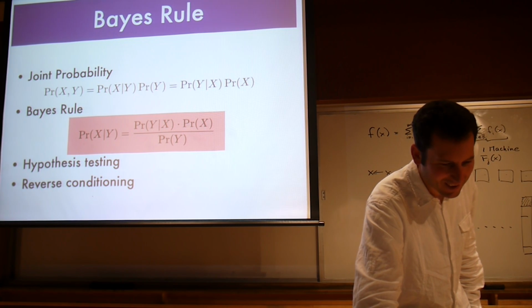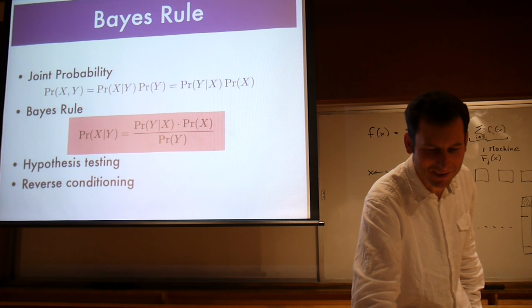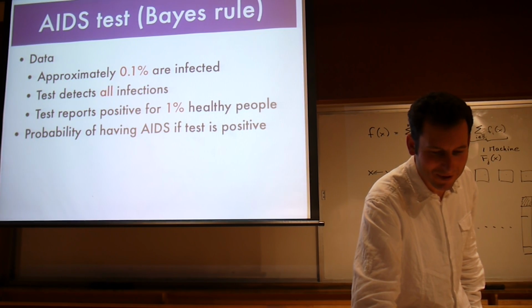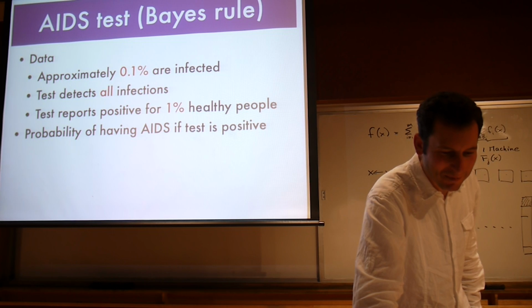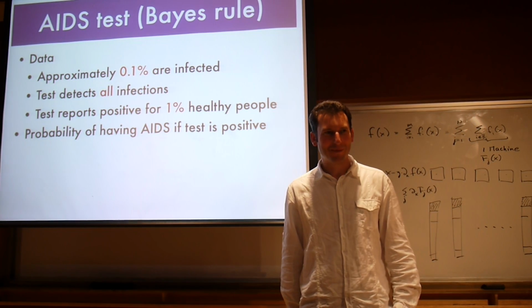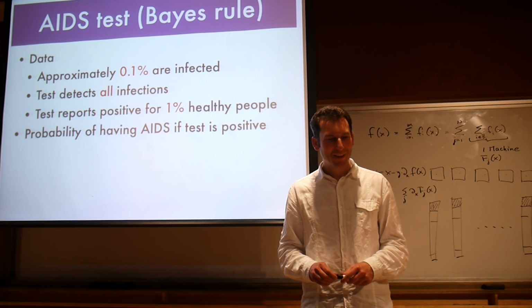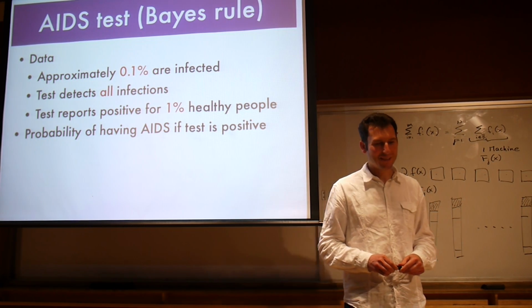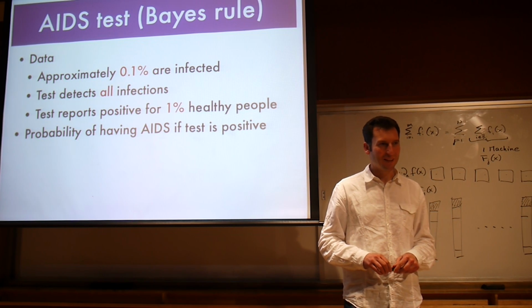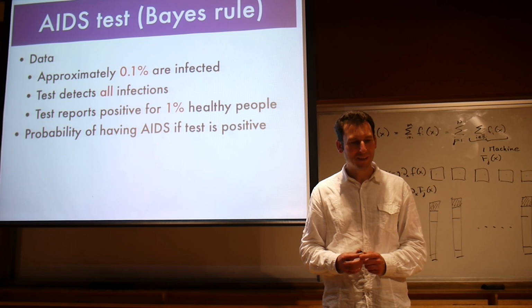Who has not seen Bayes rule? Okay, no hand will go up, I know. It's embarrassing. This is possibly a nice and maybe slightly counterintuitive test if you've never done the numbers. It's worthwhile going through. So suppose I want to do an AIDS test, and let's say I'm in a fairly healthy country where only 0.1% of all people are infected.